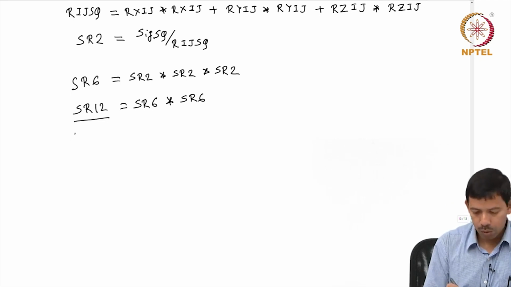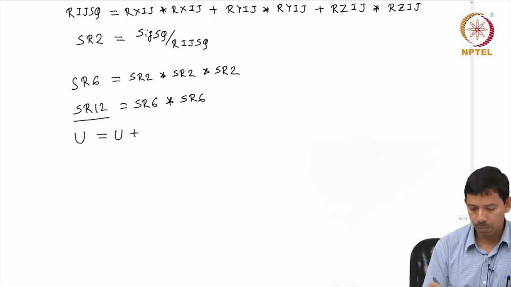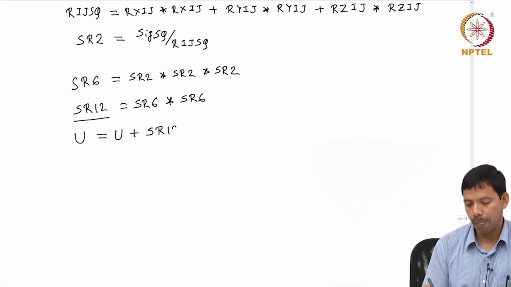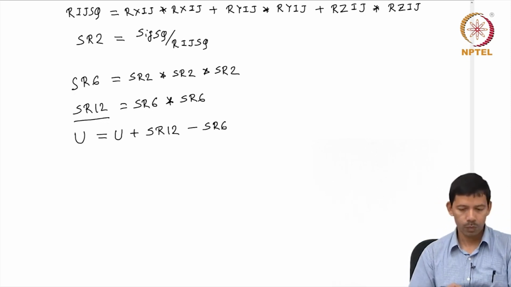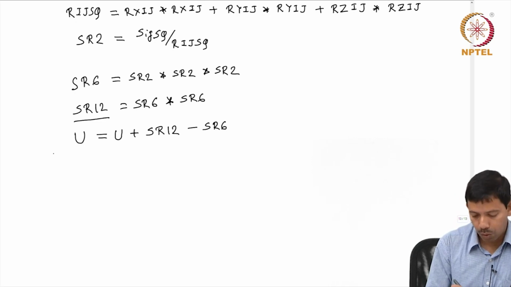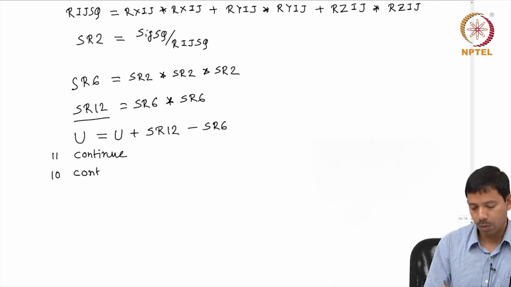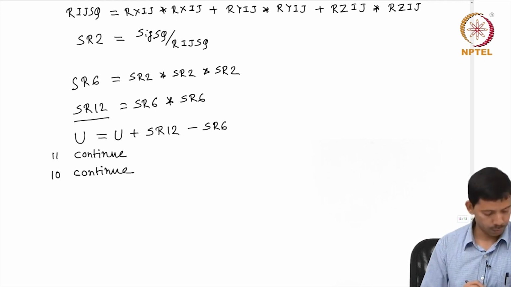Now I need to sum them up. So my U is the instantaneous value of U plus SR12 minus SR6, and now I need to close my do loops. The jth loop is the inner loop, so I close that first, and then I close the outer ith loop after I close the jth loop.